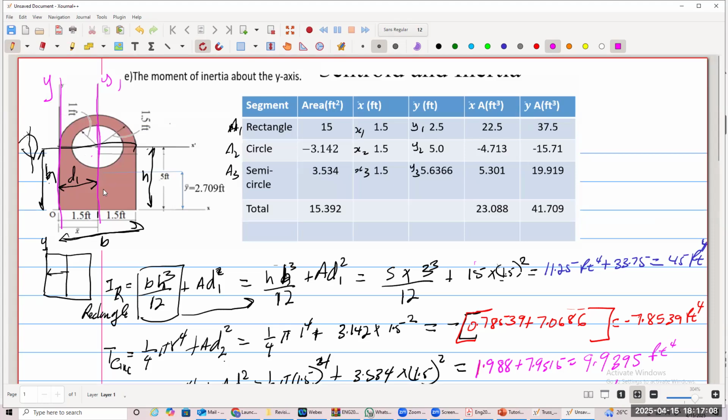Looking in the Y, so there'll be no parallel distance there, so it will just drop out. In other words, I would have to say the moment of inertia around the Y centroidal axis or something like that. So that you know that is the Y you're referring to, not the X. Right?